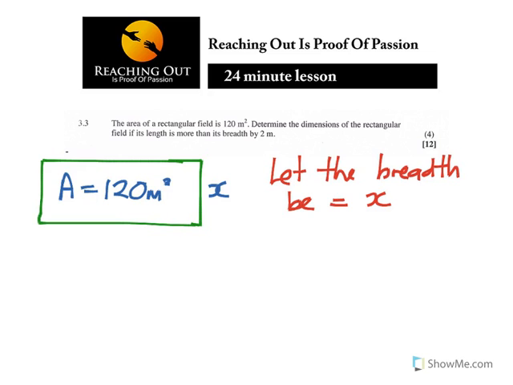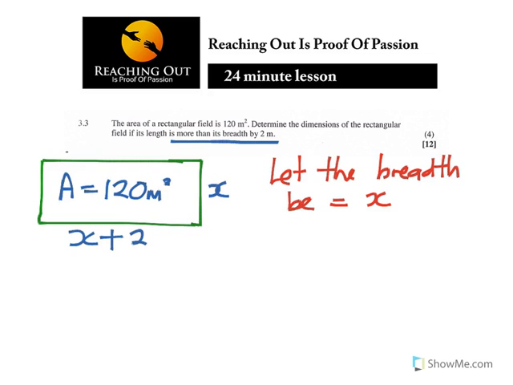Determine the dimensions of the rectangular field if its length is more than its breadth by 2 meters. So if the breadth is x and the length is more than its breadth by 2, which means the length is x plus 2.